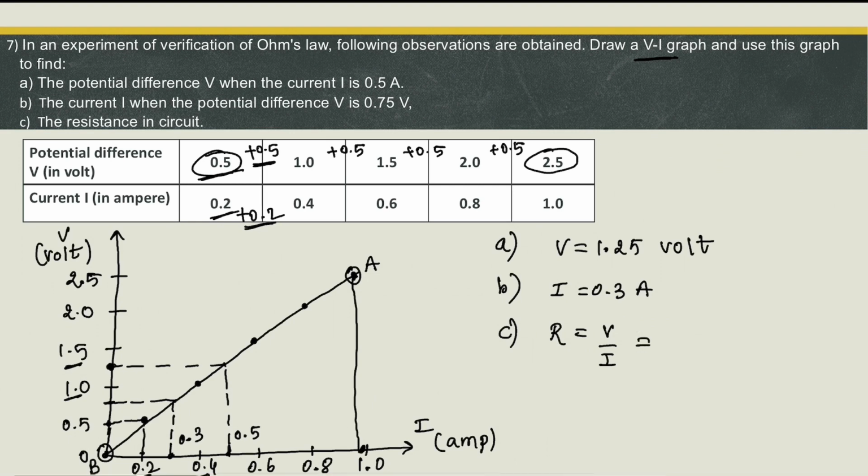Alright, so when voltage is 2.5, 2.5 minus the voltage at point B which is 0, upon current for 2.5 volt is 1 ampere minus 0. So 2.5 ohm is the resistance. Right, so to find the resistance here, we need to find out the slope of the graph.